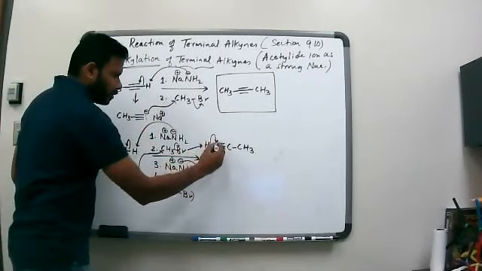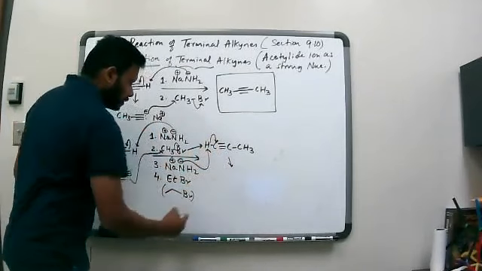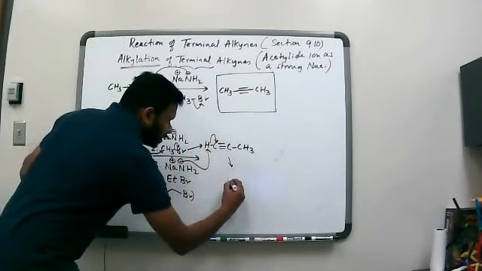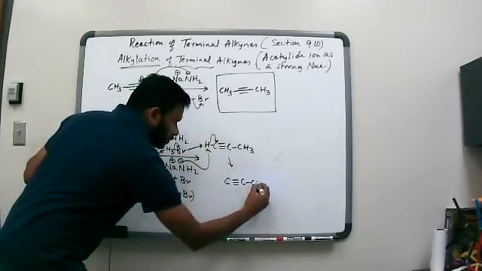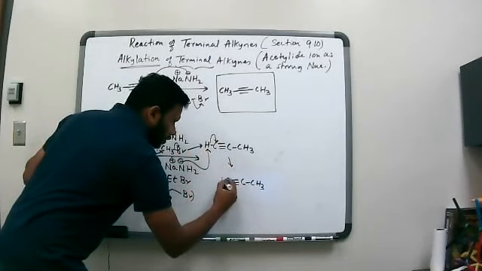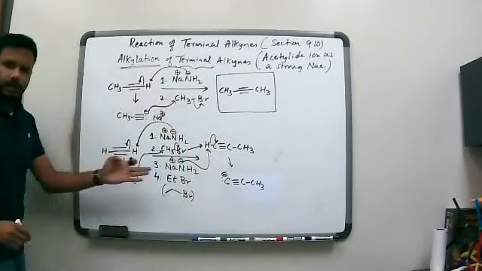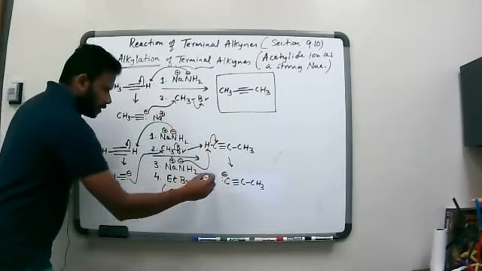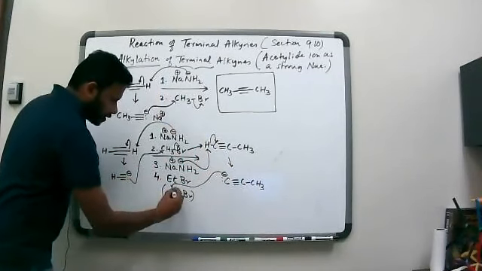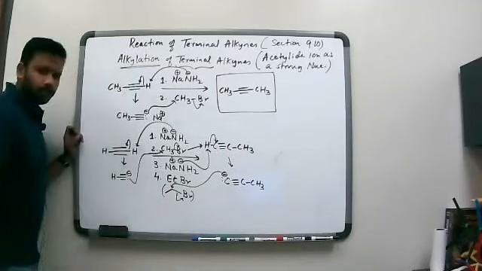This gives us another acetylide ion, based on propyne. Now that acetylide ion can attack the ethyl group and kick out the bromine.